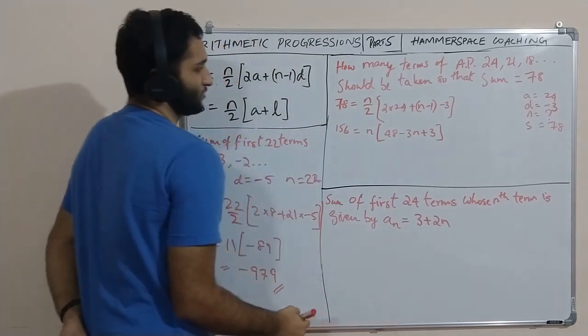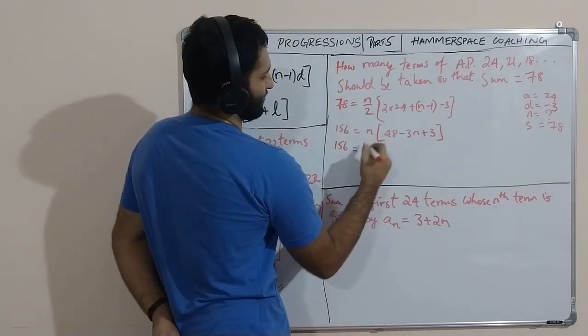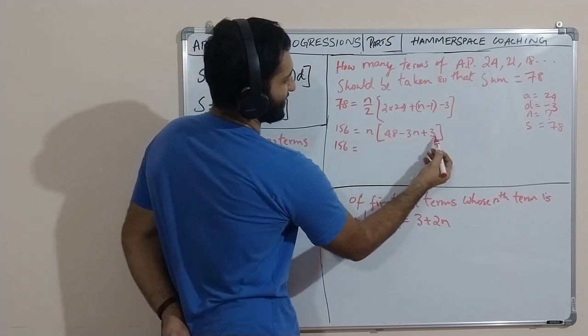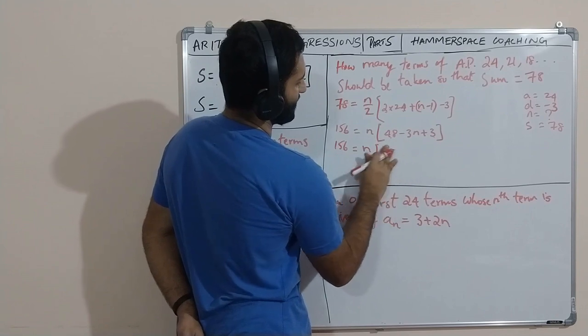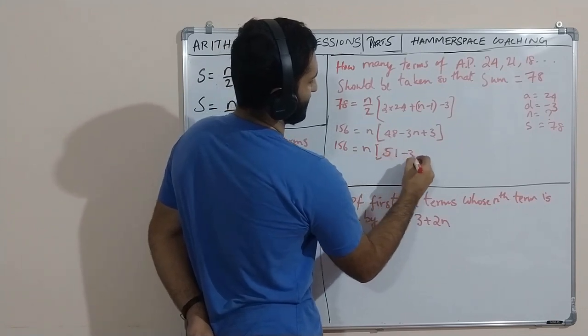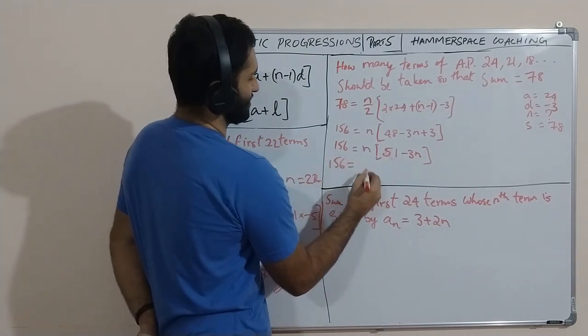So this will become 48 plus 3, 51. N into 51 minus 3N.